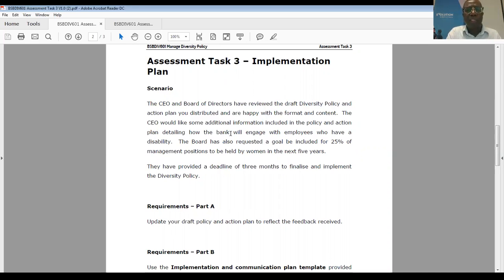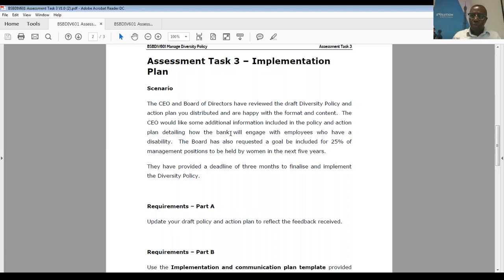However, I just need you to add some action plans of what you will do to engage with our employees if they have a disability. What do we have in place for that? And also, can we include a goal of 25% of management positions being held by women in the next 5 years? There's a challenge.